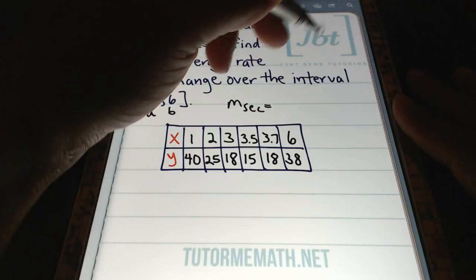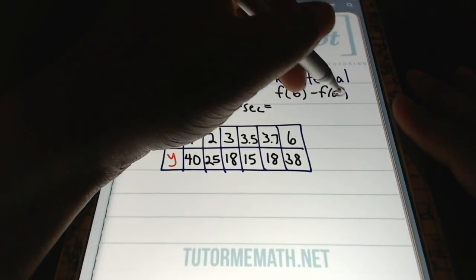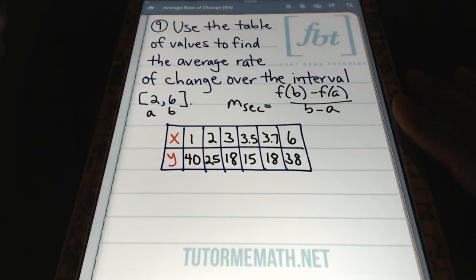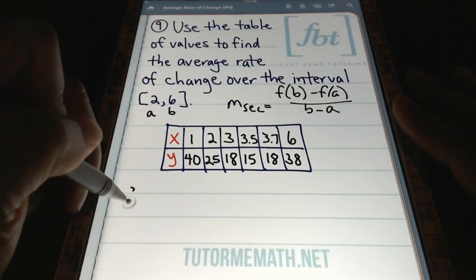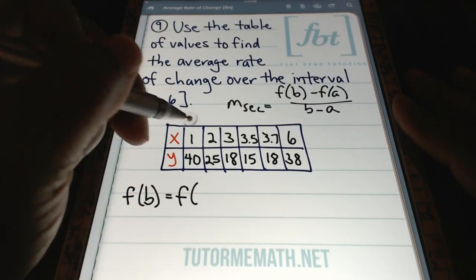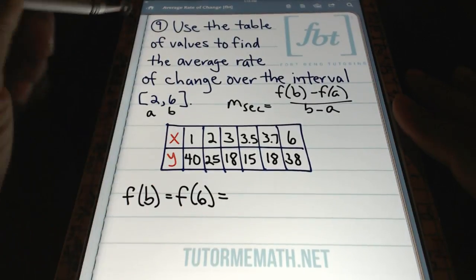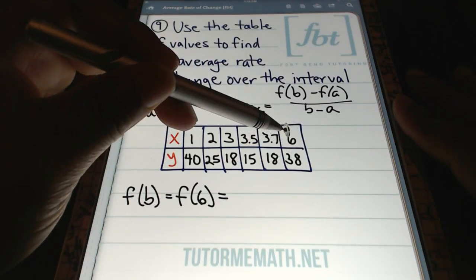All right, so let's go ahead and remind ourselves what that formula is again. We have the slope of the secant line being equivalent to f of b minus f of a divided by b minus a. All right, we've already identified that our b value is 6, our a value is 2. So in other words, if I wanted to clarify what f of b is, that means that I need to find out what f of 6 is. And so according to our table, when x is 6, our y value is going to be 38.